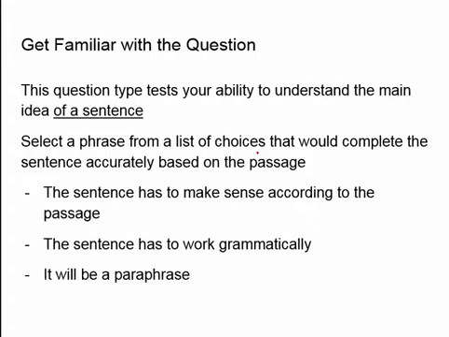The correct answer, as with everything on the IELTS exam, will almost always be a paraphrase of something you find in the passage. A really nice thing about this question type is that the answers will come in order. In other words, you're going to find the answer for number 1 in the passage before the answer for 2 will be presented.